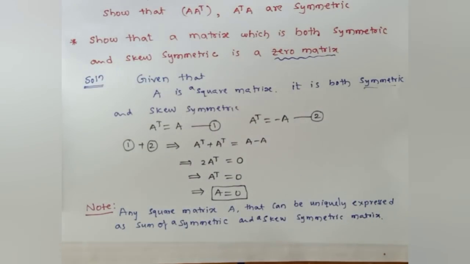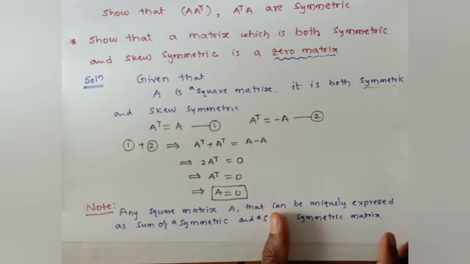In the previous slide, we know A plus A transpose is symmetric and A minus A transpose is a skew symmetric matrix.